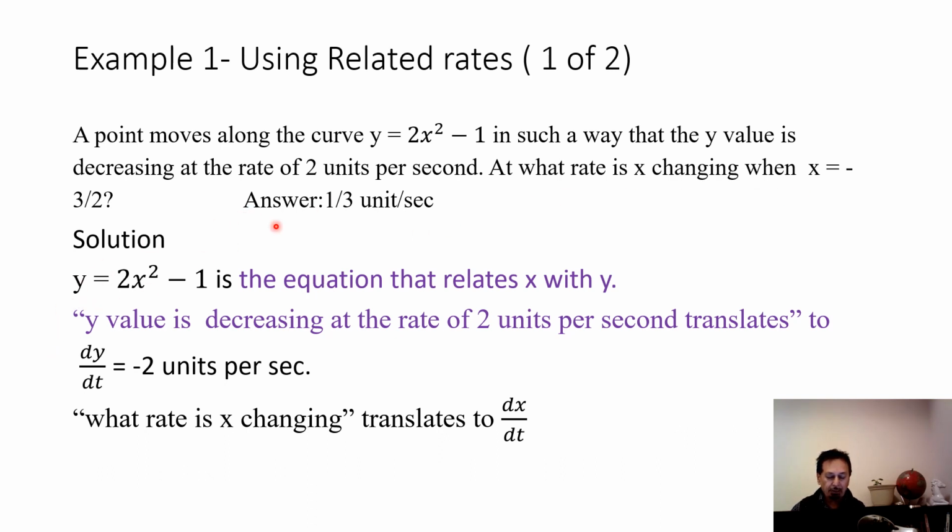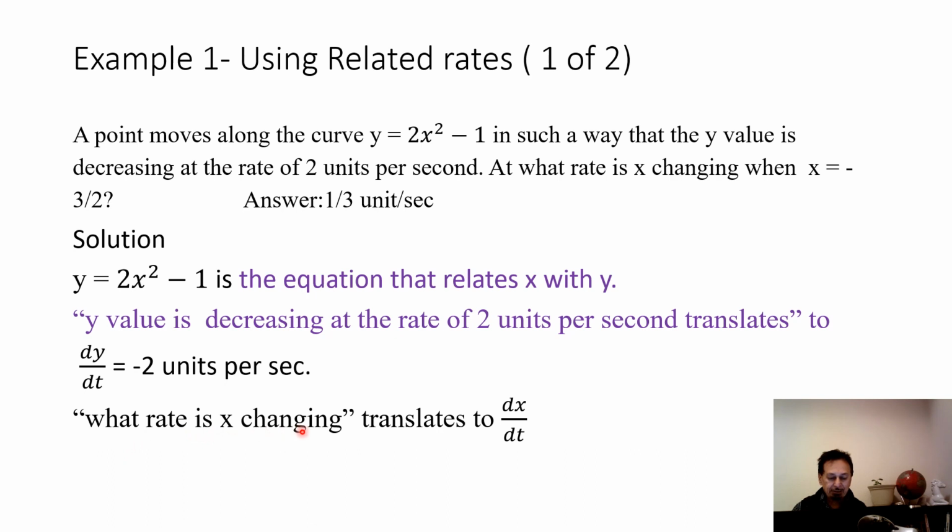We start with the equation y equals 2x squared minus 1. Now y value is decreasing at the rate of 2 units per second. This will be translated to dy over dt equals minus 2 units per second.